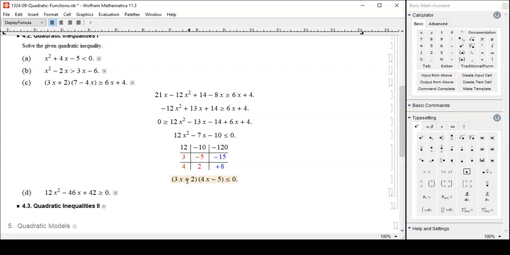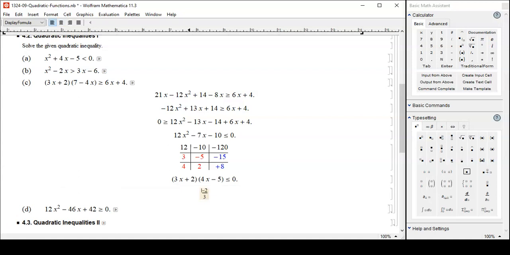We get the x-intercept, negative 2/3. So this one here will give me negative 2/3. That one here will give me positive 5/4.